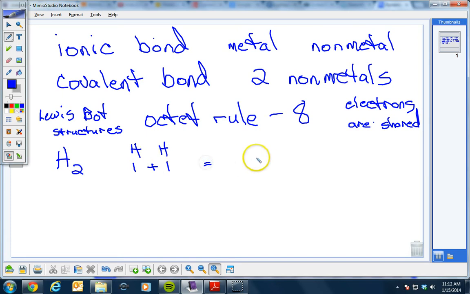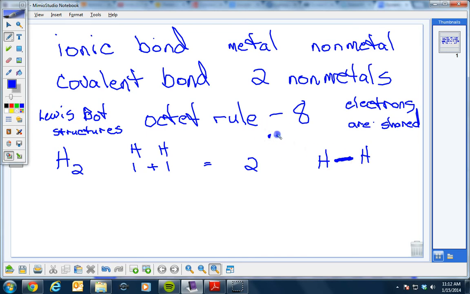That means they have a total of 2 electrons. So what we do is we draw a hydrogen with one valence electron, another hydrogen with another valence electron, and electrons like to be in pairs. So now instead of 2 dots, we draw this as a dash to represent that this is now a shared bond.